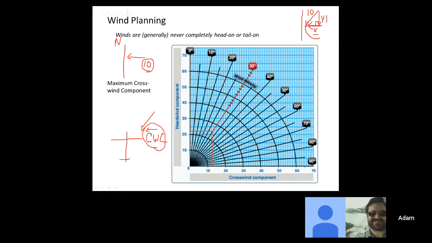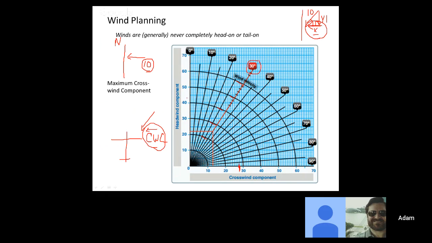Because that is what is published in your operating handbook. For the Piper Arrow, it is 13 knots. And so to save us the math, you essentially take your known wind value, which is these arcs right here, and intersect the angle at which the wind is approaching the runway, and you can get your crosswind component, which is most important.